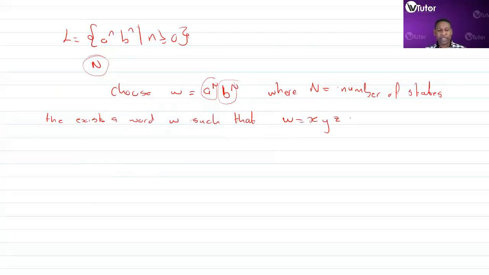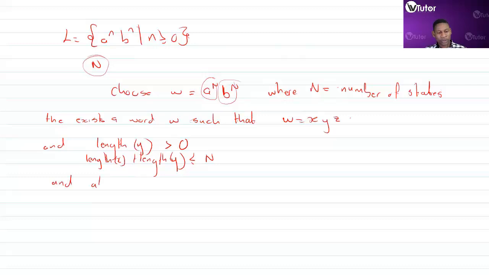So if we have such an X, Y, Z, we know that the length of Y is greater than 0, and the length of X plus the length of Y is less than or equal to N, and all words X, Y to the power of N, Z are elements of the language.